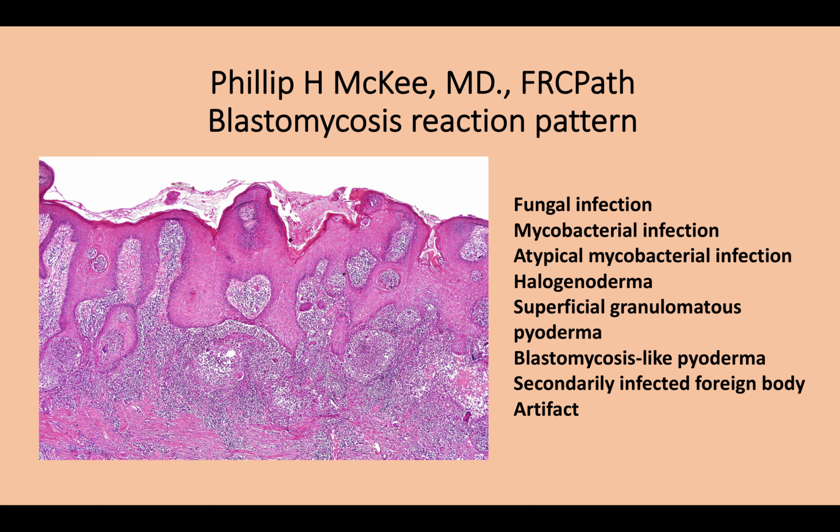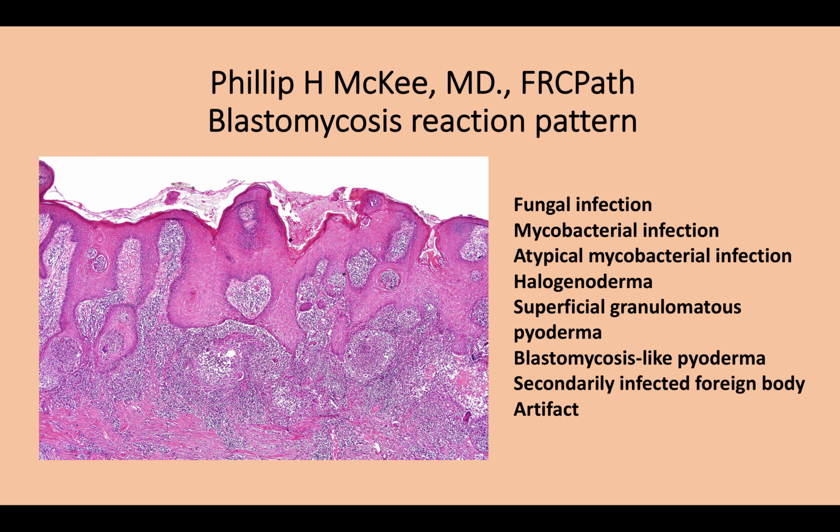Fungal infections are probably the most common, after which you may see occasionally mycobacteria, as for example in warty tuberculosis, or in scrofuloderma, and sometimes atypical mycobacterial infections, particularly in the immunosuppressed, may show a blastomycosis reaction pattern.